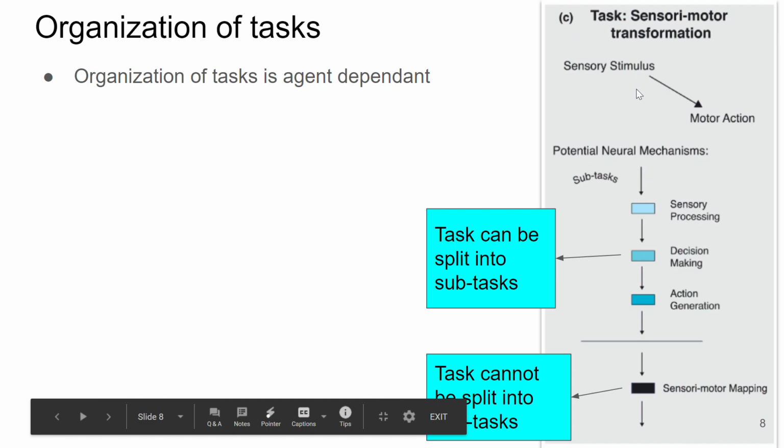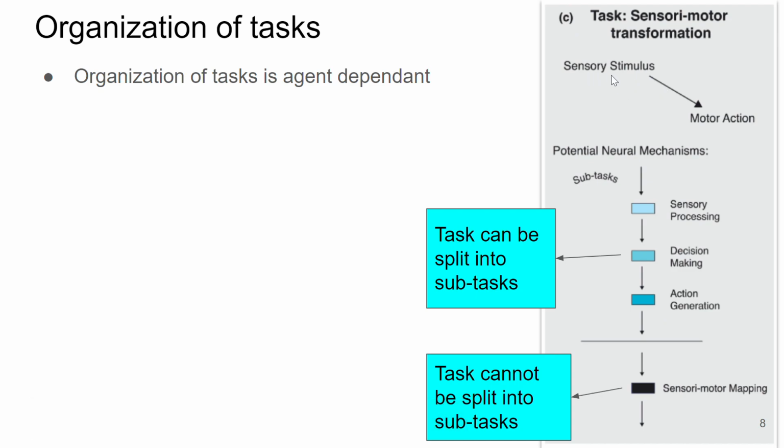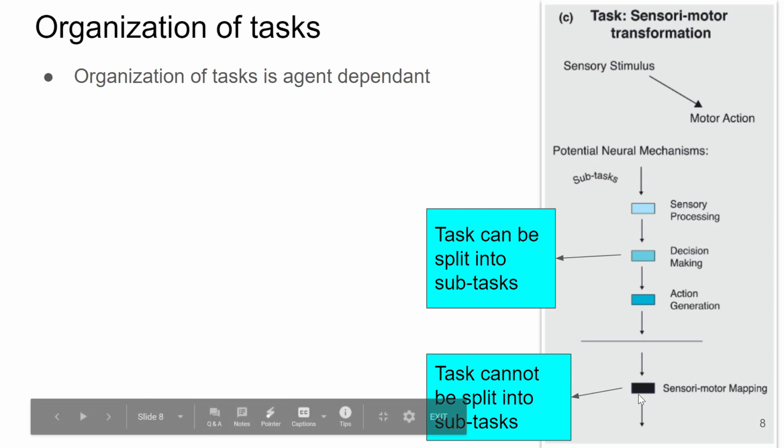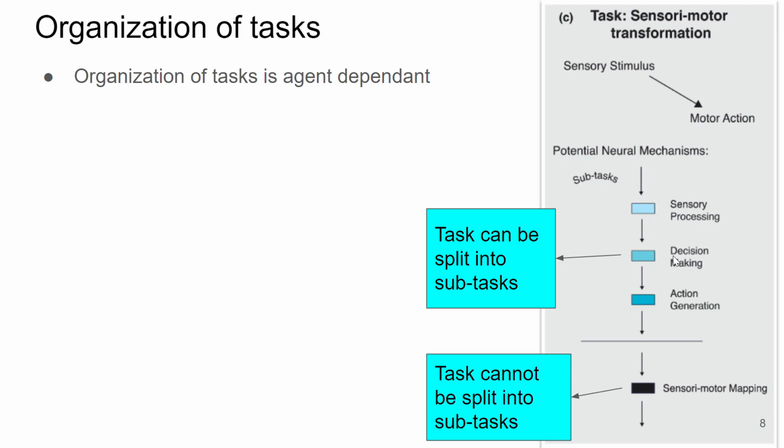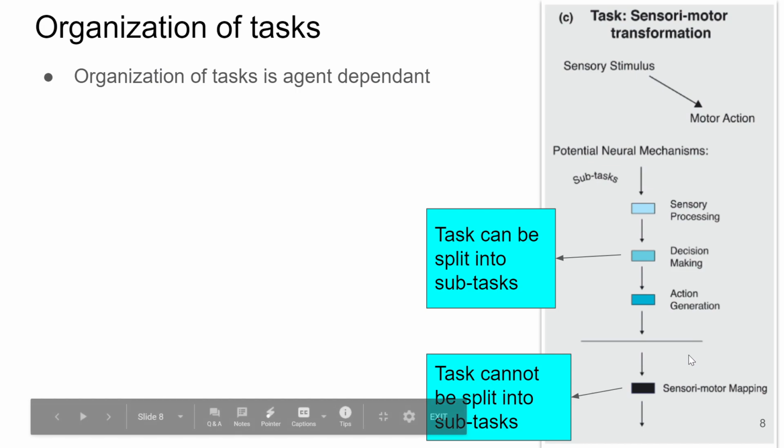So if you have an agent that is learning some mapping from sensory stimulus to motor action, there are many ways that an agent could do it. For example, it can just use a single layer, very wide network to map from sensory stimulus to motor actions, or it can use subtasks like the brain does, where you have sensory processing, decision making, action generation, and so on.